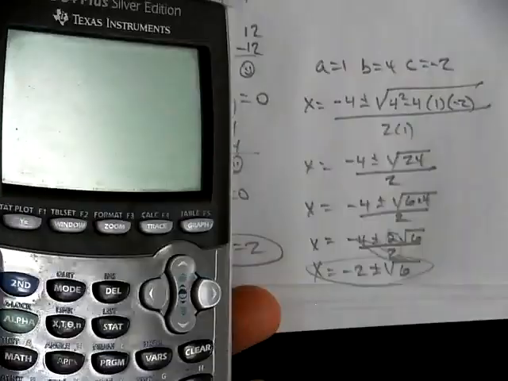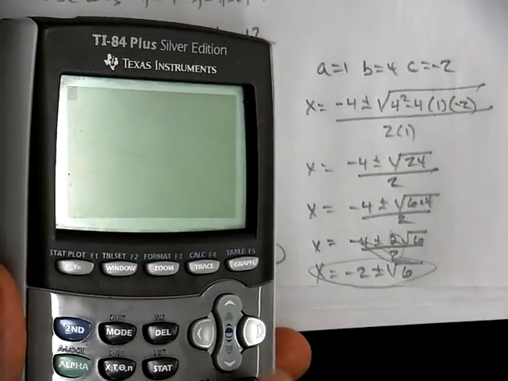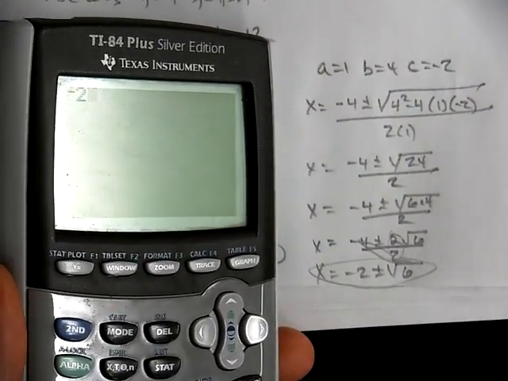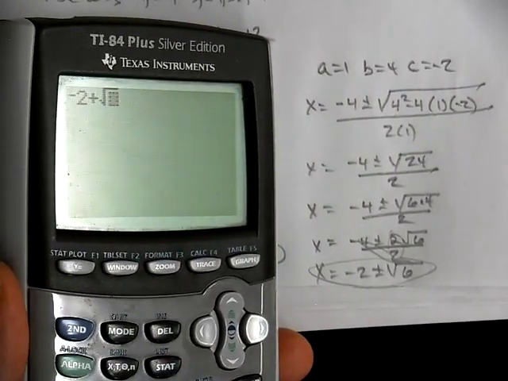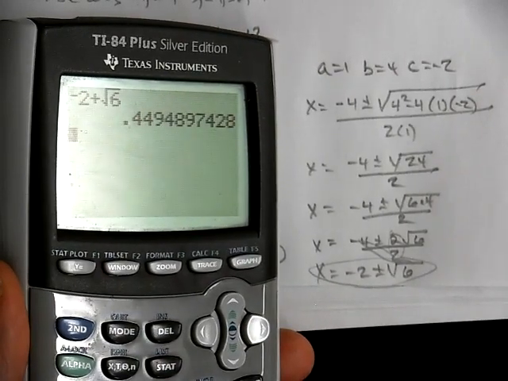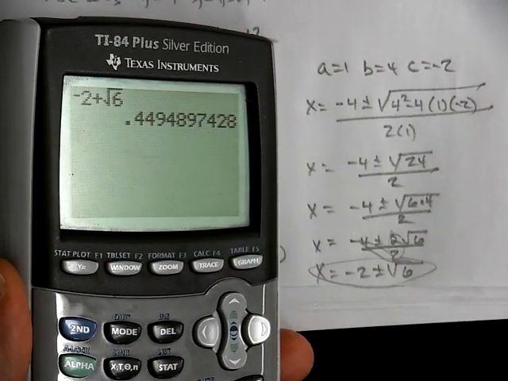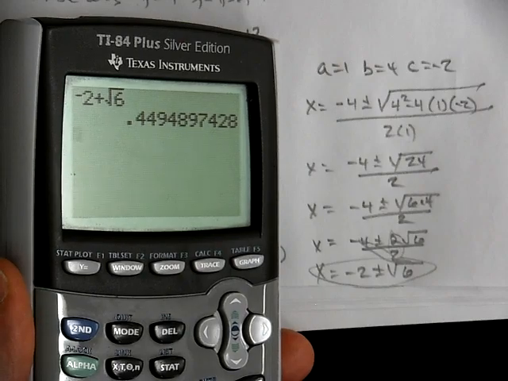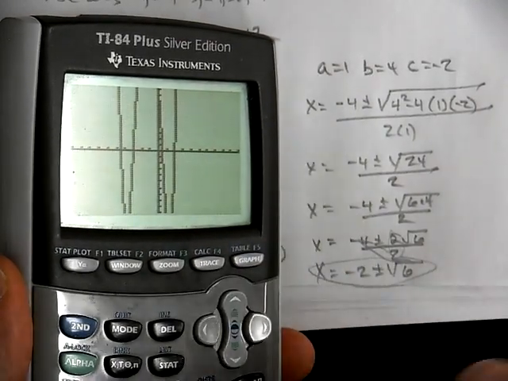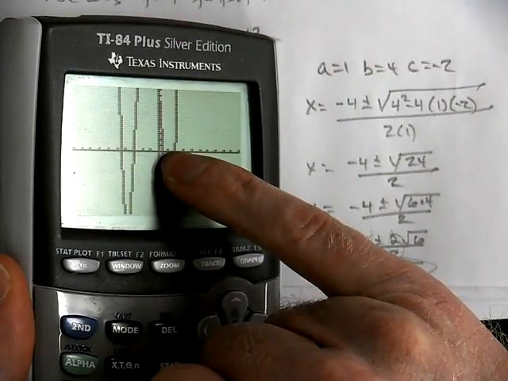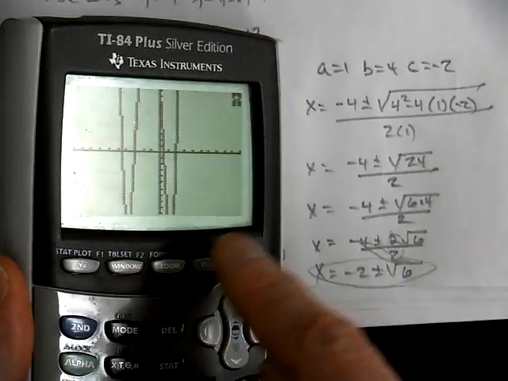Now you should be able to take, let's just try this, negative 2 plus the square root of 6, 0.4494. If you take your graph, I bet that's 0.4494.